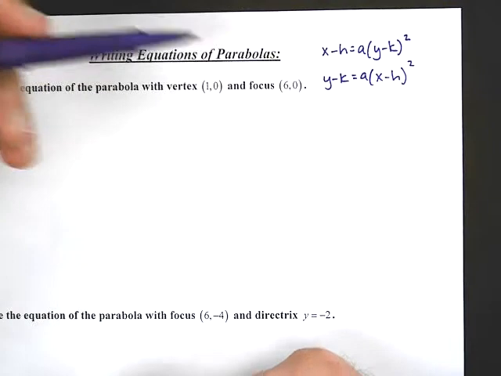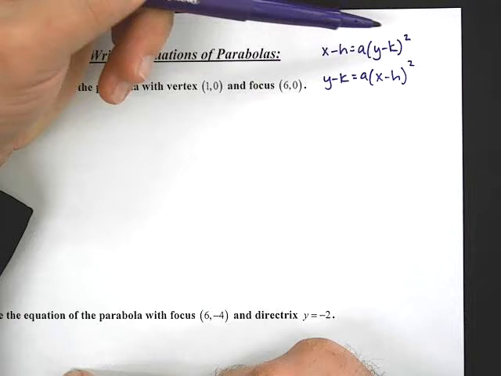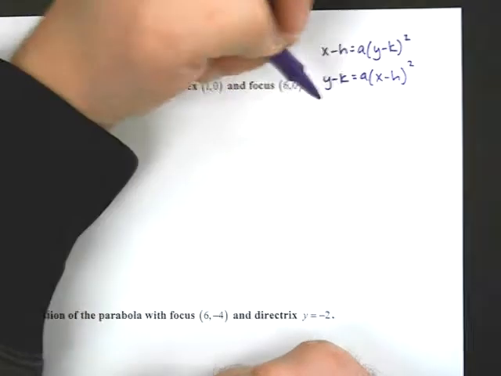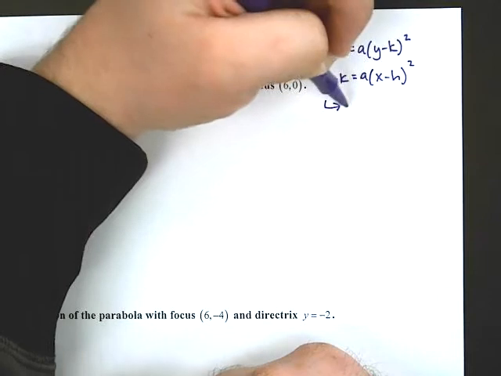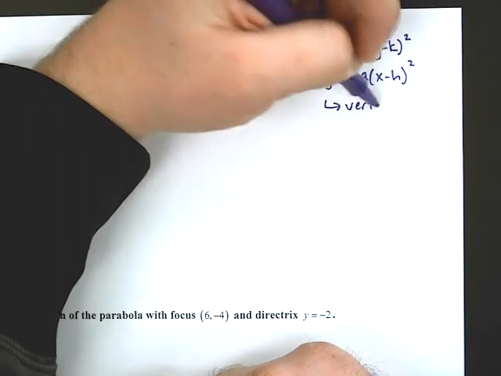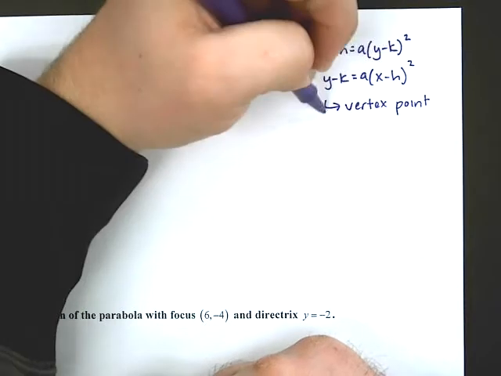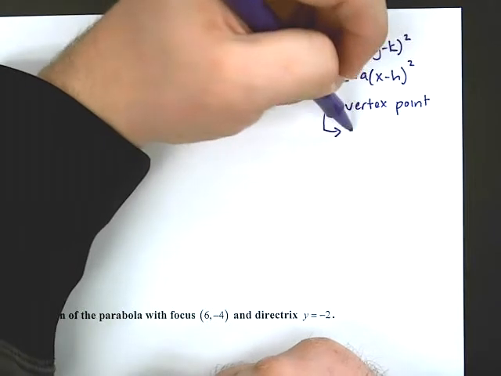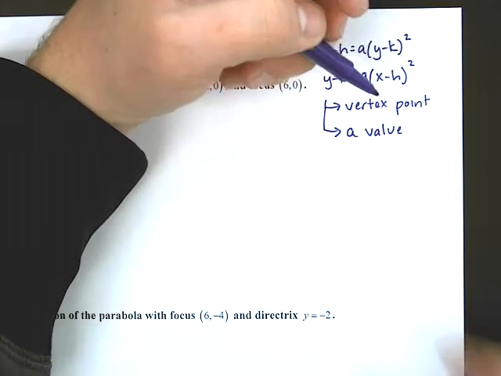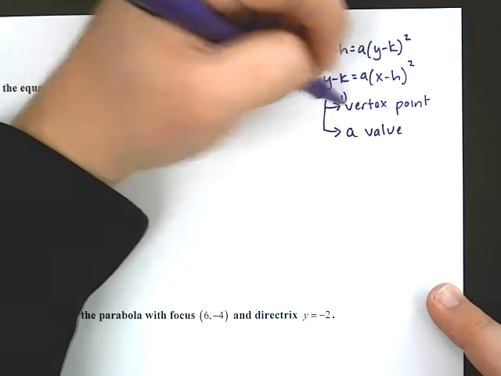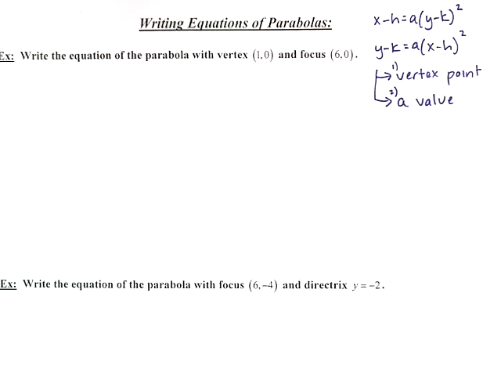And what you really need to understand, guys, is that regardless, I need the h and the k, right? If I need h and k, that means I need the vertex point, and then I need the a value. All right, these are the two things that I need in order to write the equation of a parabola.